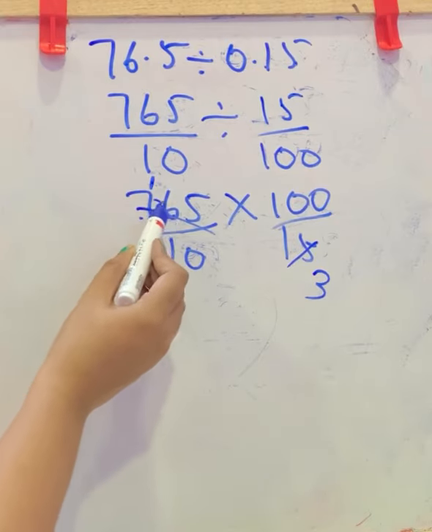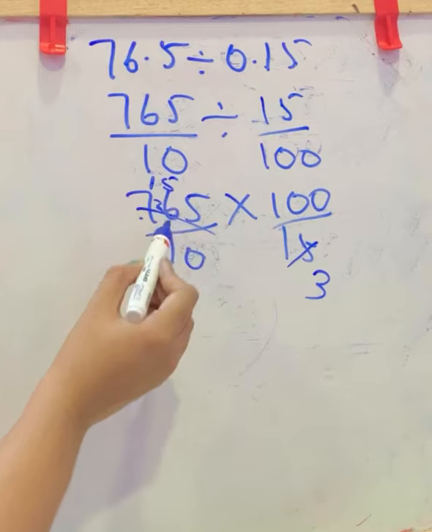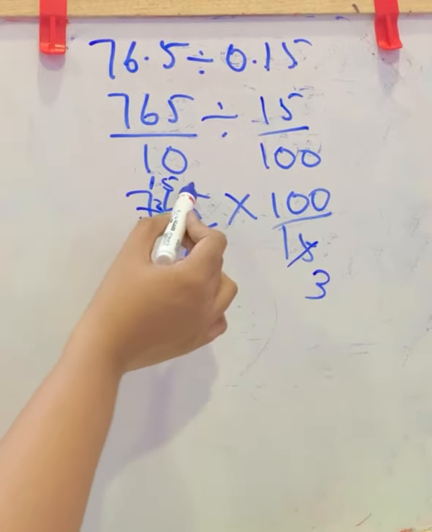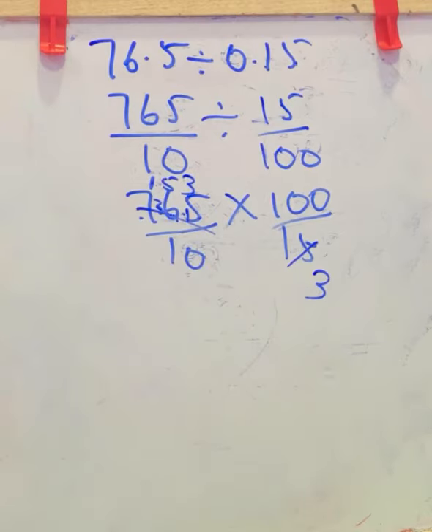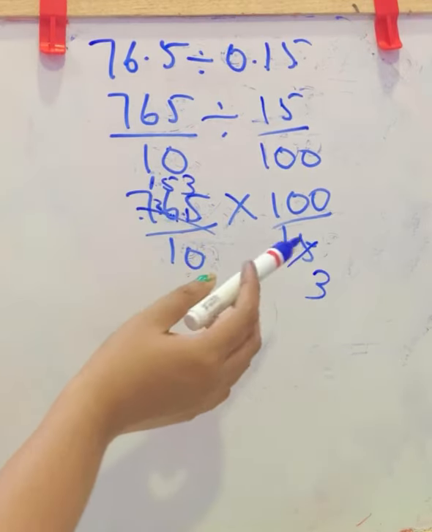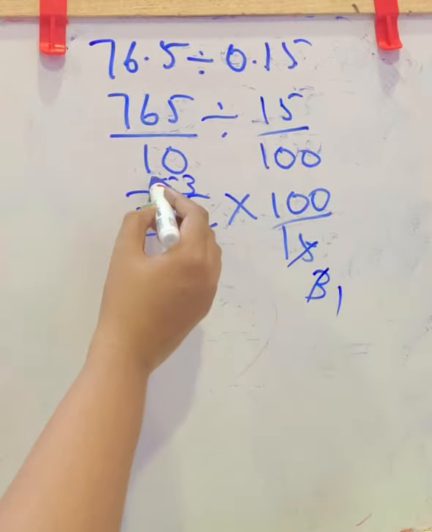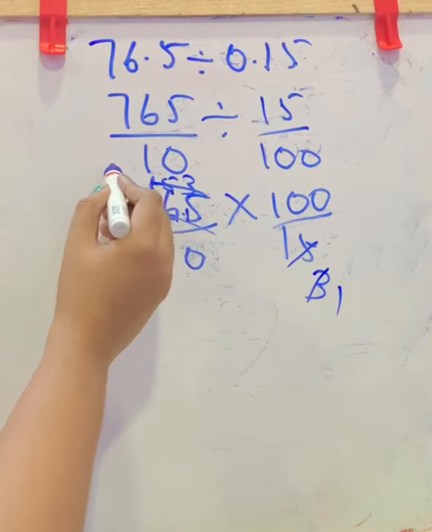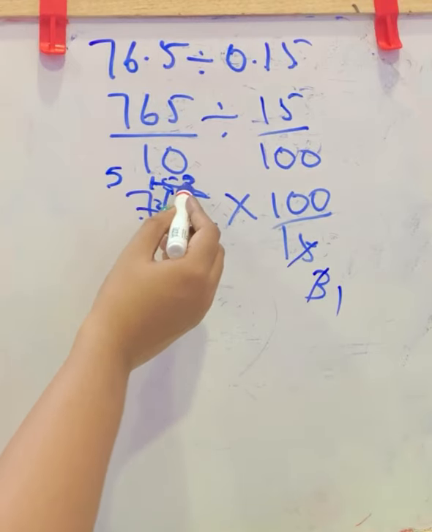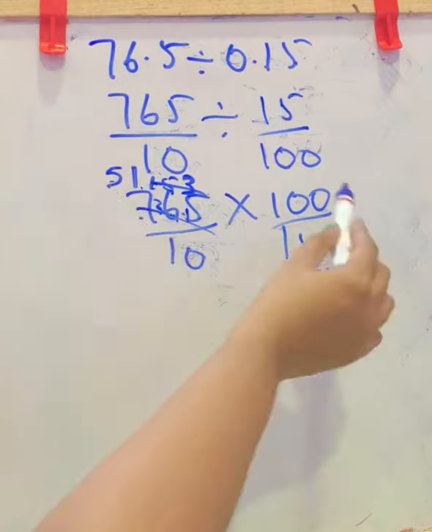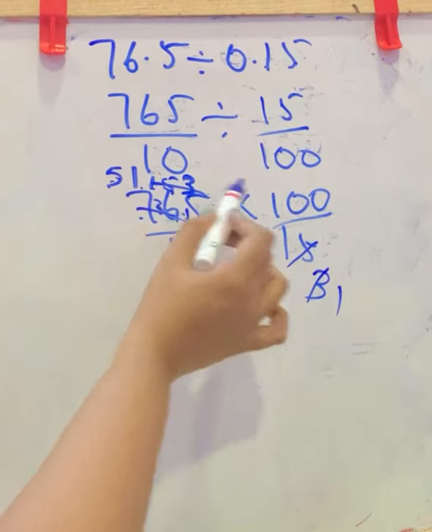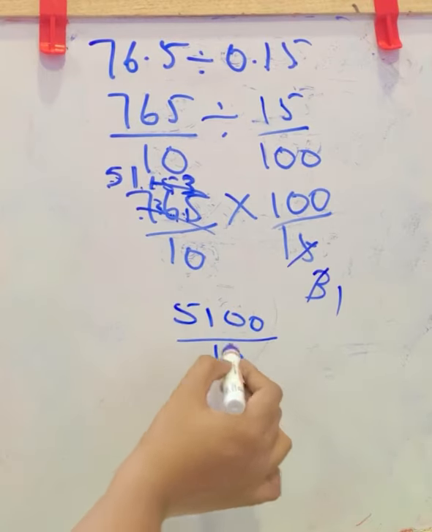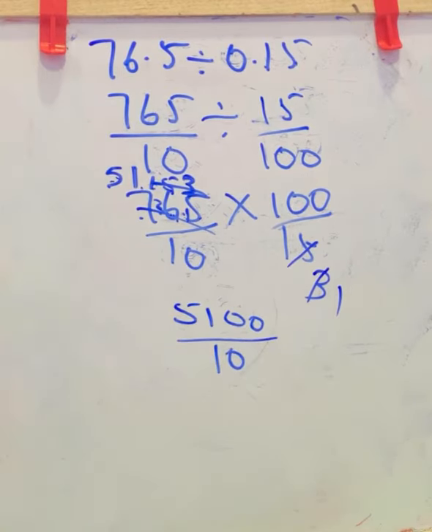Balance is 2. This becomes 26. 5 5s are 25. In 26, balance is 1. This becomes 15. In 15, 5 3s are 15. 153. 153 is a multiple of 3. So 3 ones are 3. In 153, in 3 how many times? 15. 5 3s are 15. 1 3 is the 1 3s are 3. Now multiply the numerators. 51 into 100 is 5100 by 10 ones are 10.